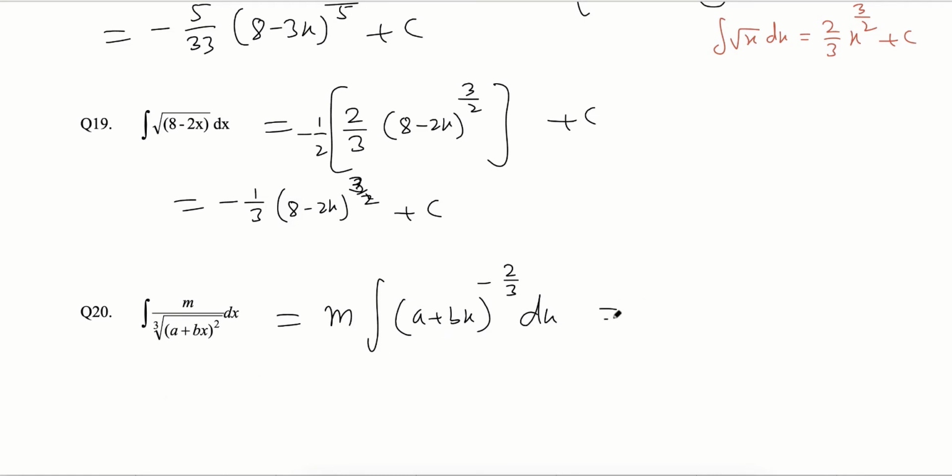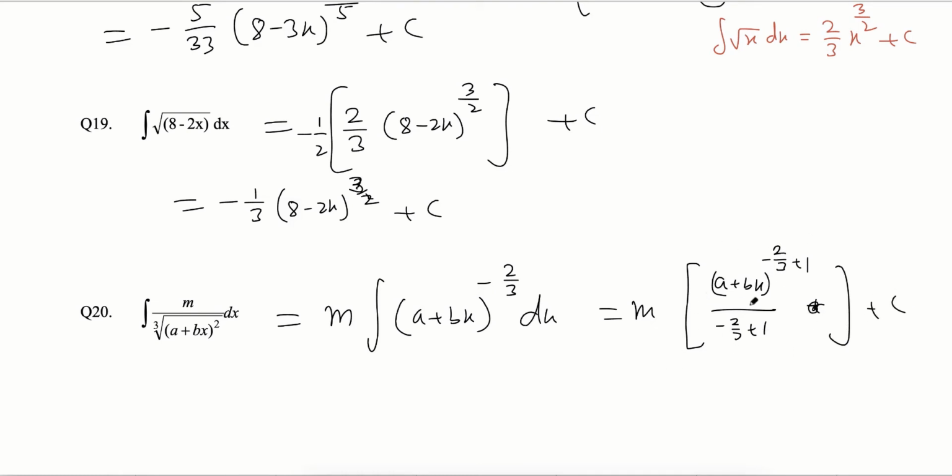I will assume this is the x power minus 2 by 3. So x power minus 2 by 3 integration will be what? Integration will be a plus bx power minus 2 by 3 plus 1, divided by minus 2 by 3 plus 1, plus, whole plus. Don't put c here because m is there.